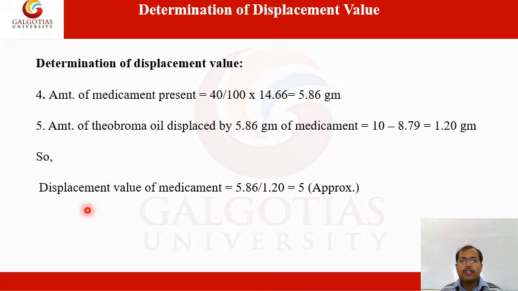Finally, the displacement value is equal to 5.86 divided by 1.20, and it is about 5. So in this example, displacement value will be about 5. And there is no unit of displacement value. It is a unitless number.